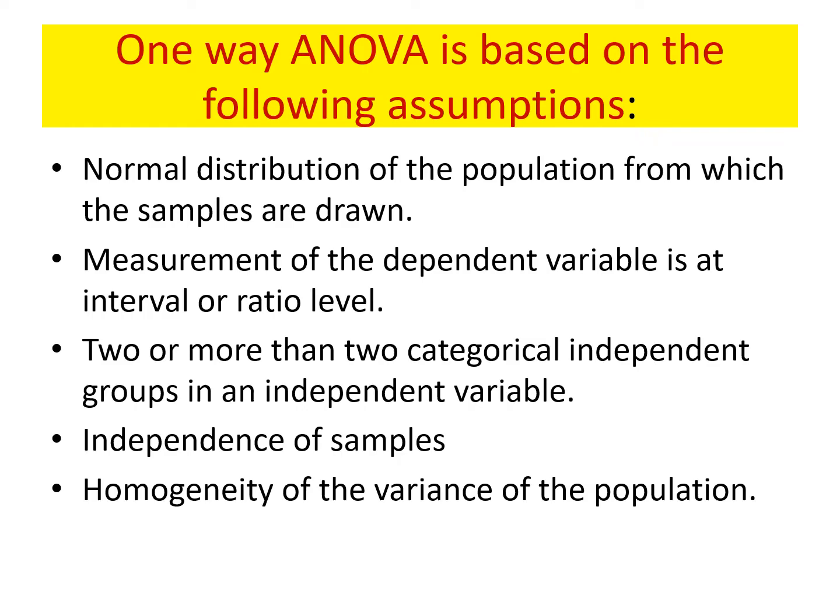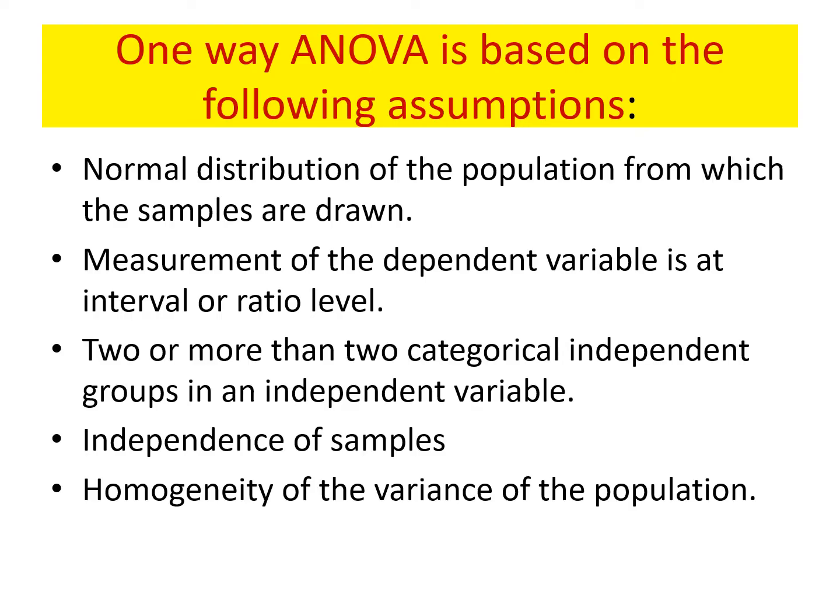So one-way ANOVA is based on the following assumptions. You cannot just immediately use ANOVA, whether it's one-way or two-way, without satisfying the different assumptions. First and foremost, the distribution of the population where you're going to draw your sample should be normal.